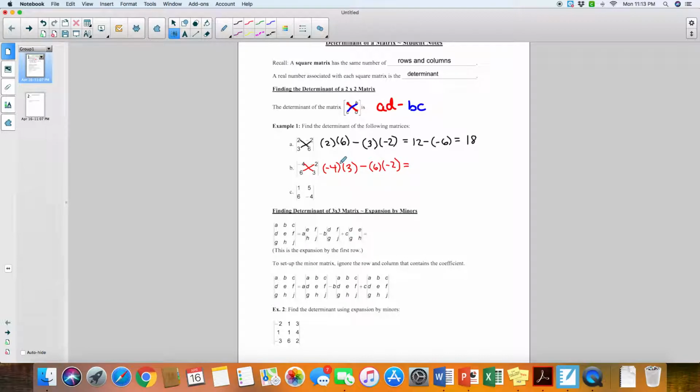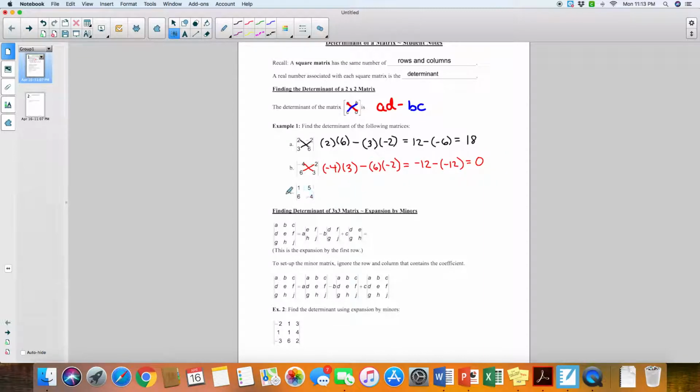Negative 4 times 3 is negative 12. Bring my minus sign, and then I have 6 times negative 2, which is negative 12. Negative 12 minus a negative, and remember, minus a negative becomes a plus. So negative 12 plus 12 is 0.